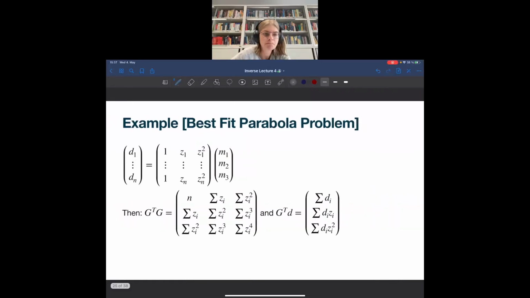Once again, we can calculate G transpose times G, and it looks rather similar to the thing we had before. But what we have in addition is this column here, where we just have one further level of complexity.